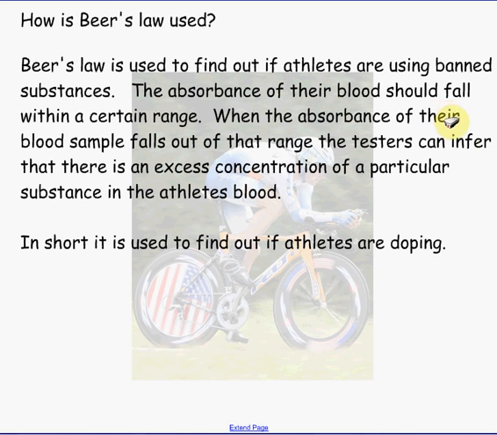When the absorbance of the athlete's blood sample falls outside of the range, the testers can infer that there is an excess concentration of a particular substance in the athlete's blood. In short, it is used to find out if athletes are doping. And we all know that there have been many circumstances as of late where athletes have been found to be doping.